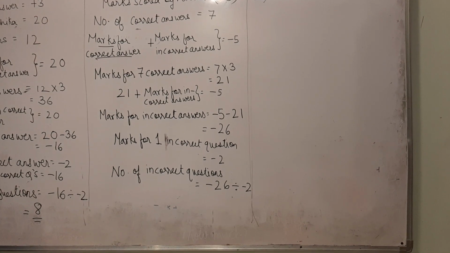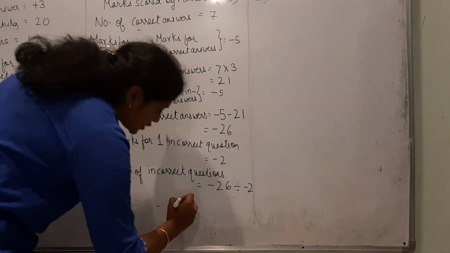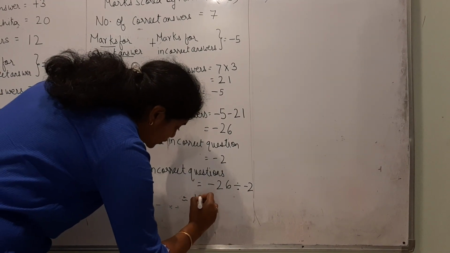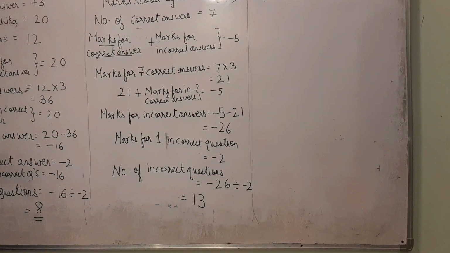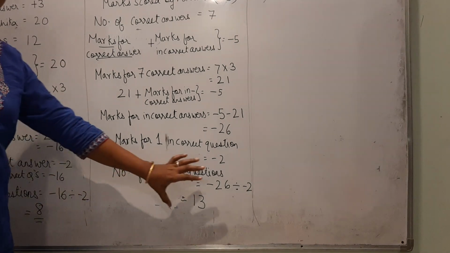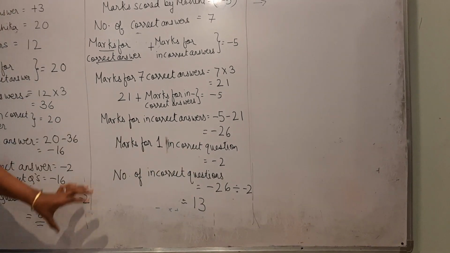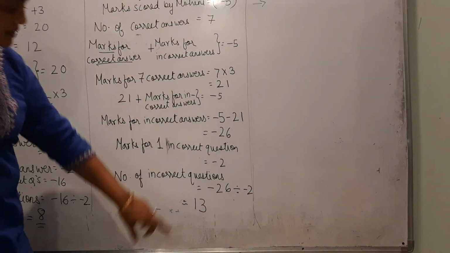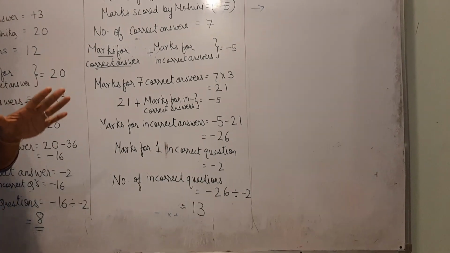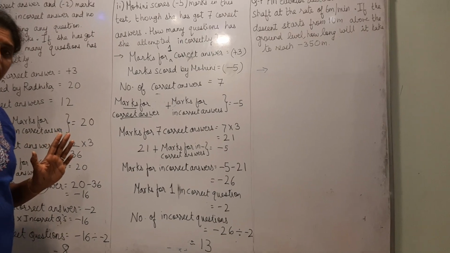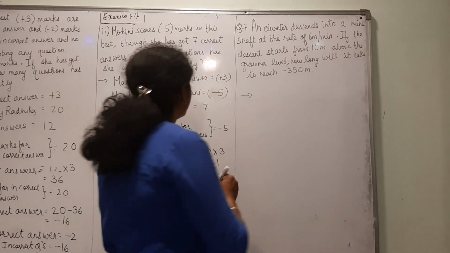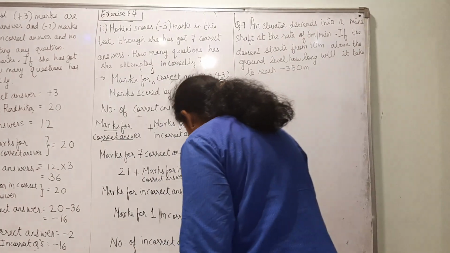Minus divided by minus is positive and 26 divided by 2 is 13. So write the final statement. Number of questions she attempted incorrectly is 13. That final statement you have to write. Understood clearly? Yes. Now, 7th question.